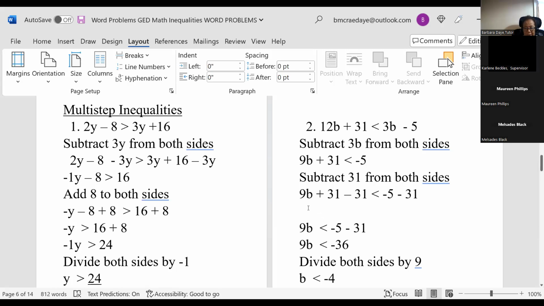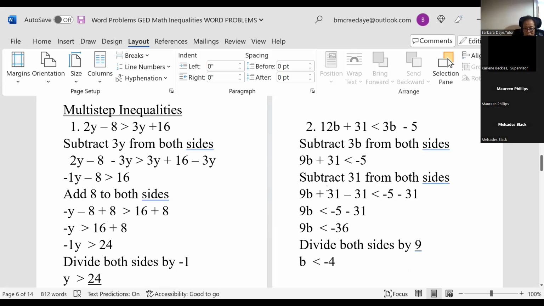And that's how we got the next line, right? Because the minus 31 plus 31 is 0. So that just leaves 9b. And then on the right, minus 5 minus 31. Combine those two negatives, you get minus 36. Now, what number times 9 gives 36? 4, right?